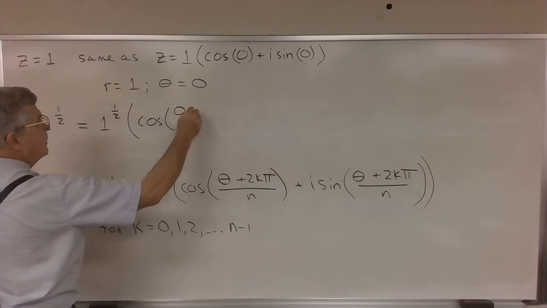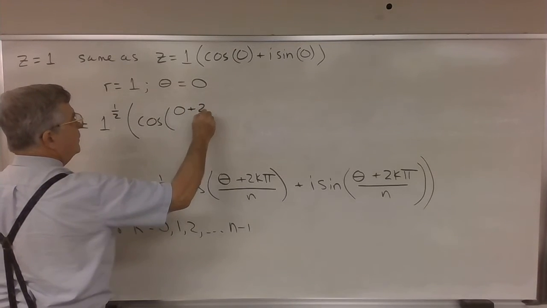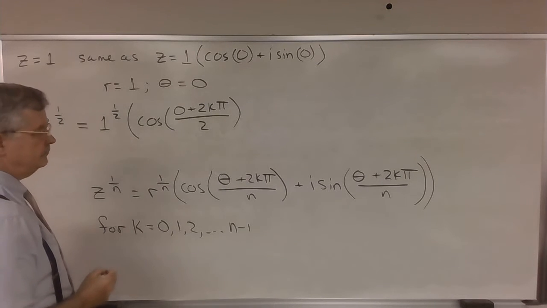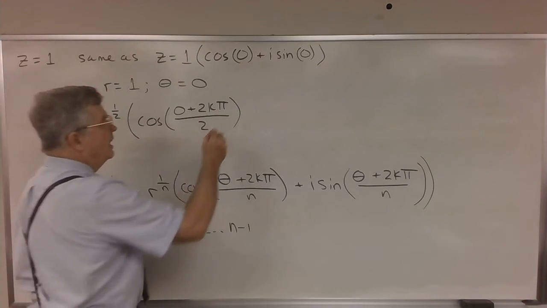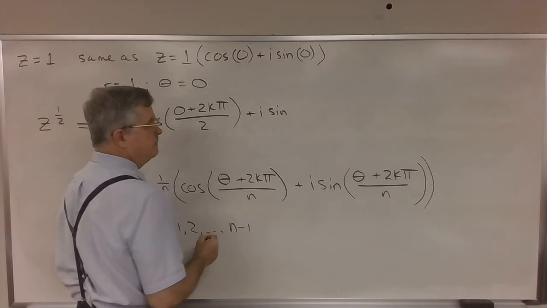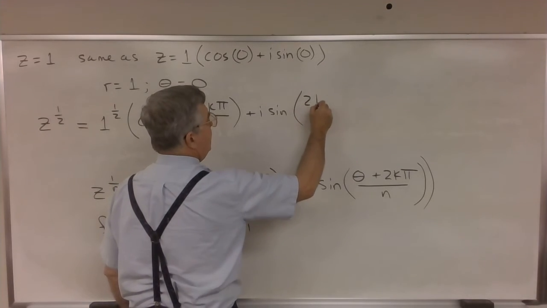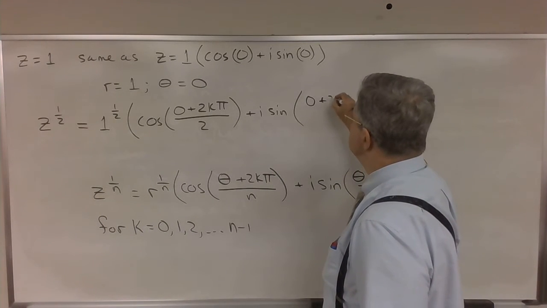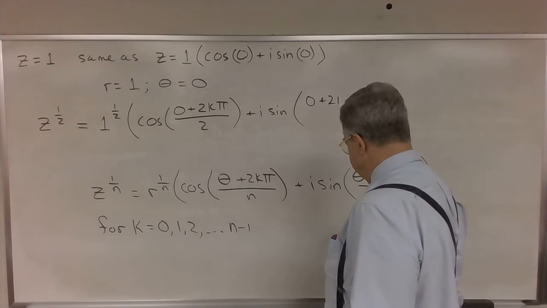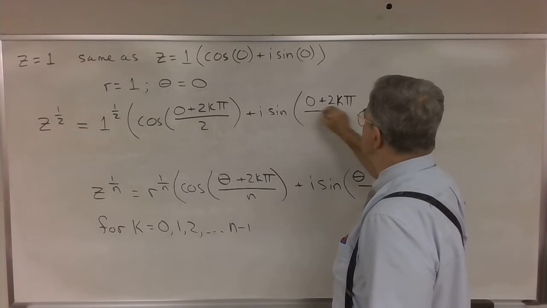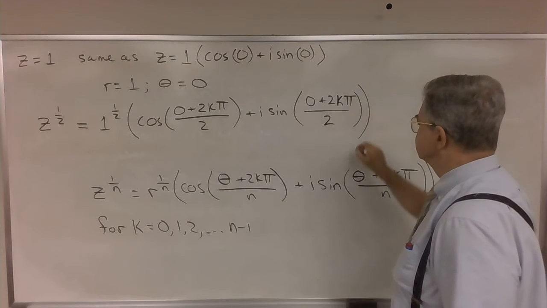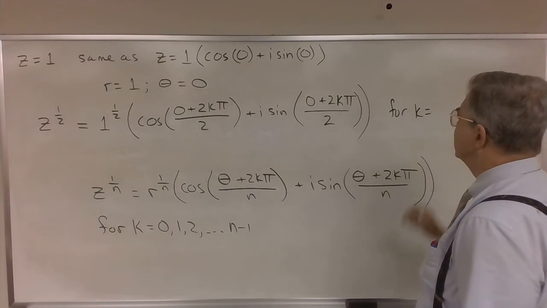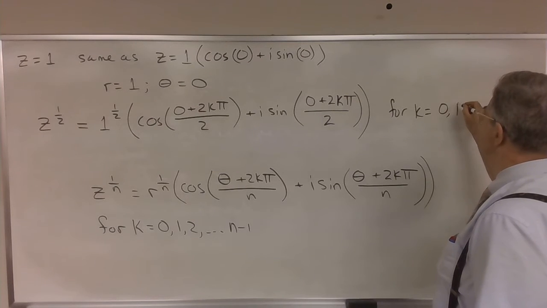Cosine of theta plus 2k pi over n, that's 2, plus i sine of theta plus 2k pi over n, for k equals 0 and 1.